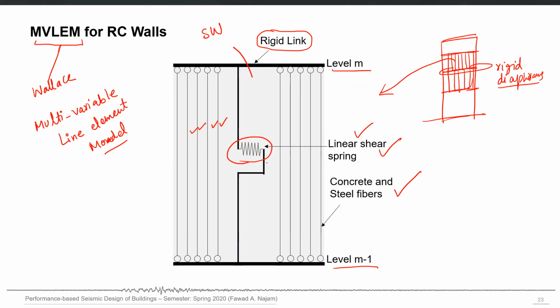This is sometimes called the multivariable line element model, in which you divide the cross section into different line elements, and each element is either a concrete or steel fiber. So this is one practical model for nonlinear modeling of shear walls.